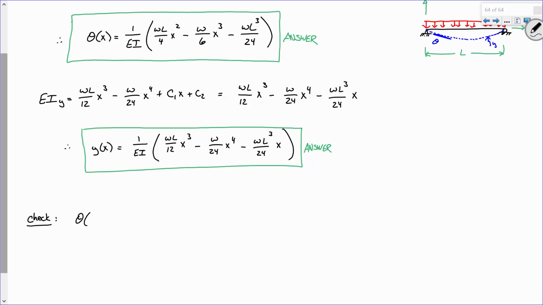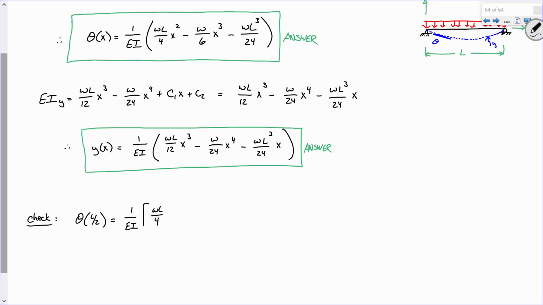So theta at L over 2 is 1 over EI. And what I'm doing is I'm taking this expression and I'm plugging in x equals L over 2. Make sense? All right, so WL over 4, here, let me replace that with a bracket.